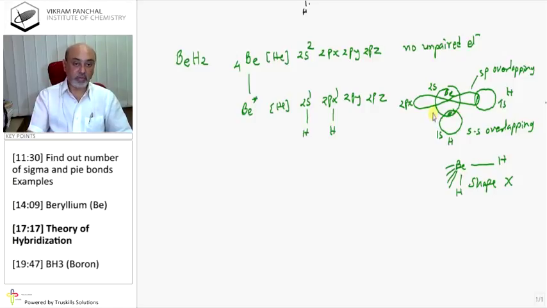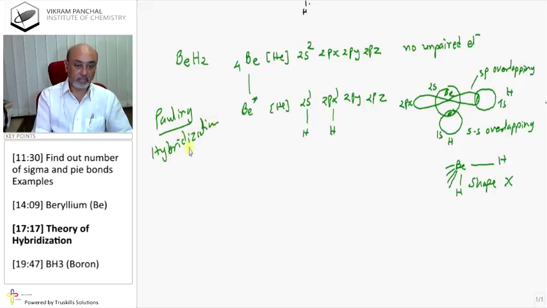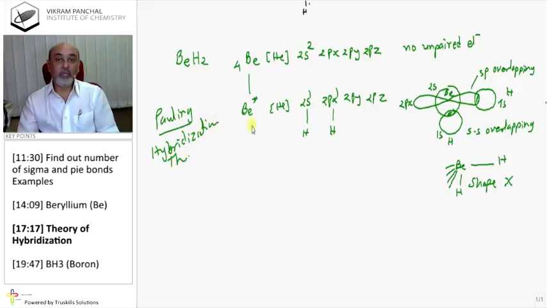So we need a new theory which was given by Pauling, and it is called hybridization theory. So Pauling proposed the theory of hybridization.